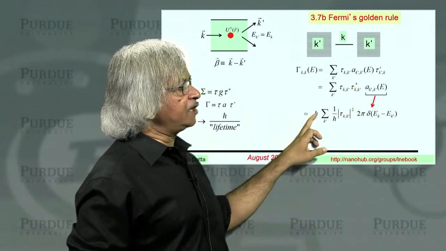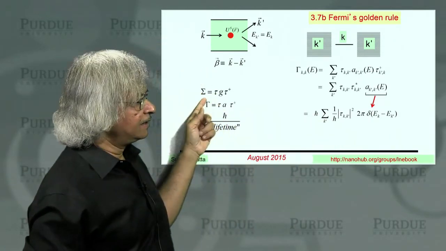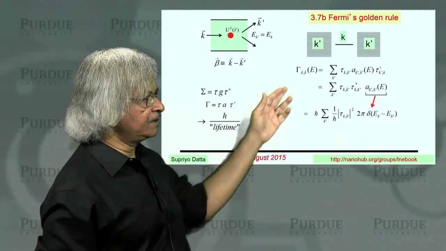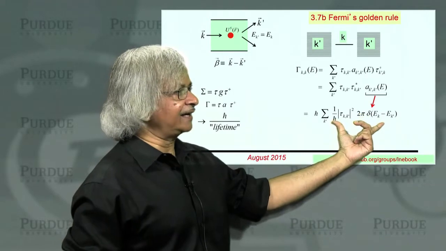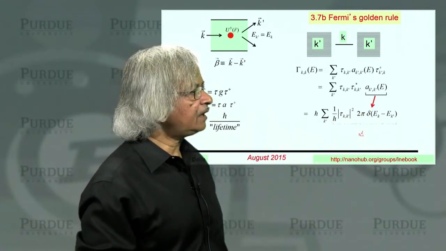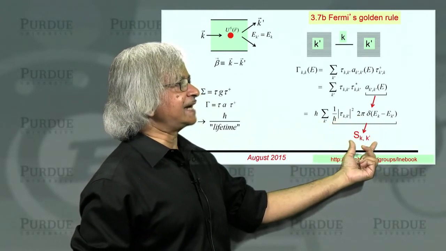And then I put in an h bar here and a 1 over h bar here. Why do I do that? Well, because gamma is like h bar times the inverse lifetime, so I want to pull out an h bar. That way what's in here I can interpret as the inverse lifetime. So this you could view as a scattering rate.